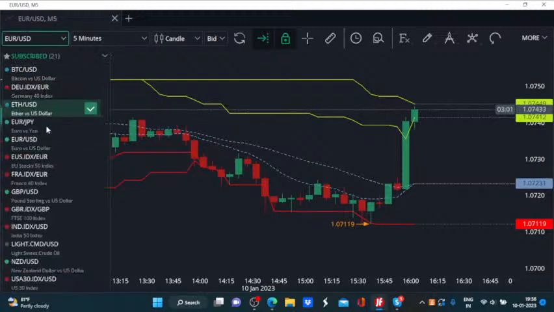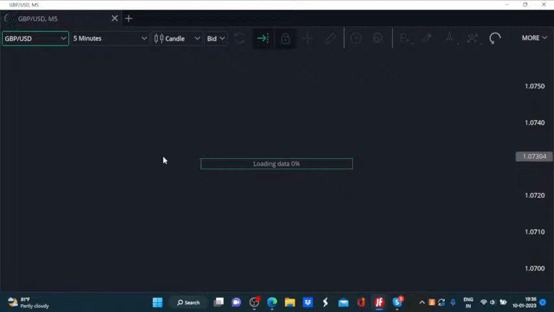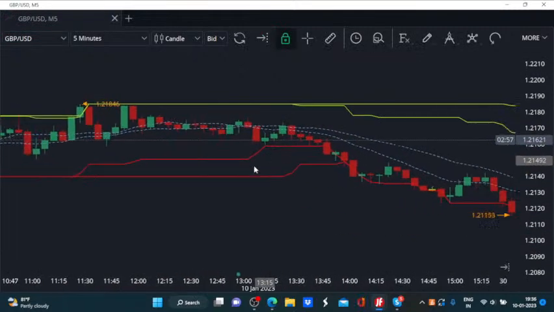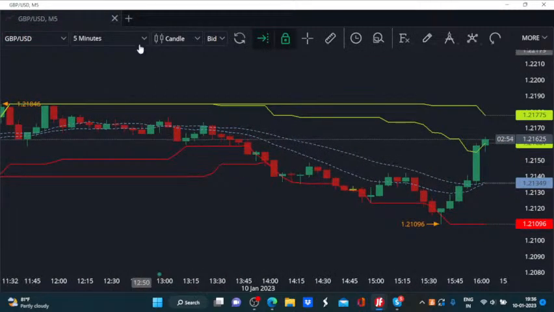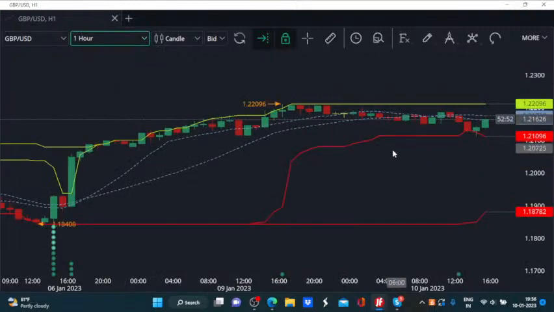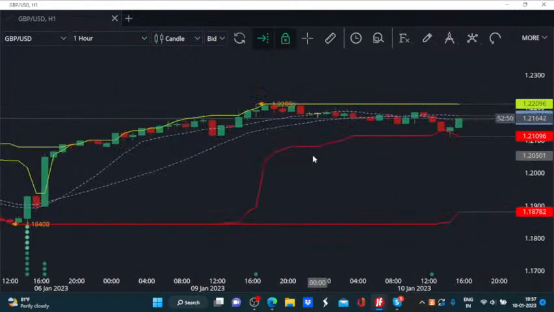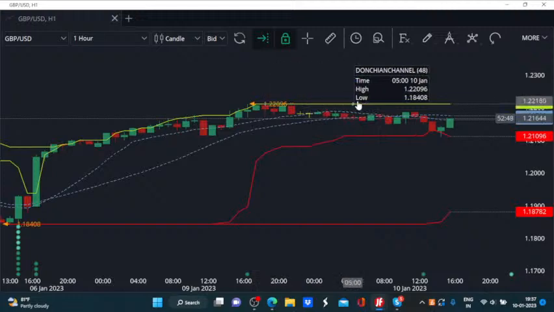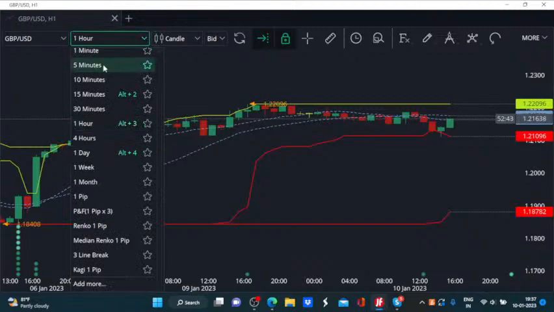So keeping up with that, we can have the preference for the AUD. Then comes the GBP USD, and let's see how it is shaping up. The GBP has also gone into a corrective phase with this dip.